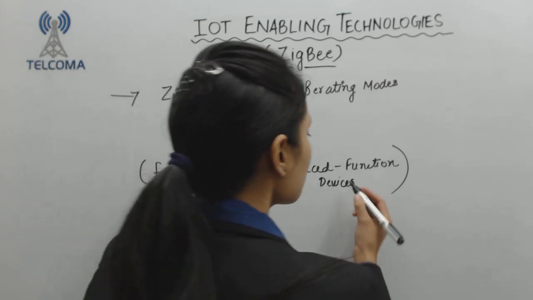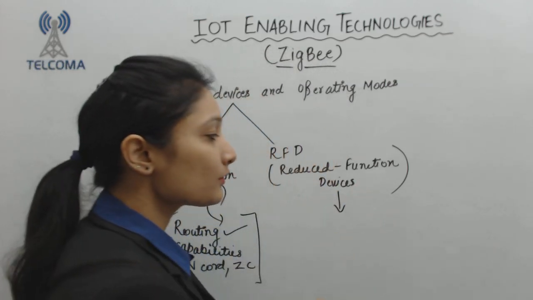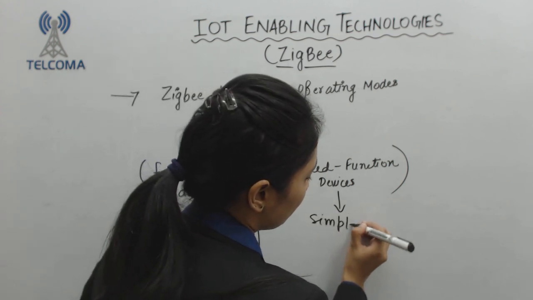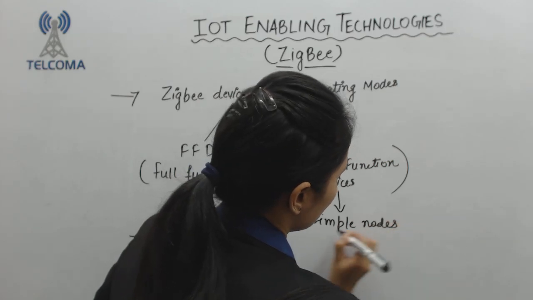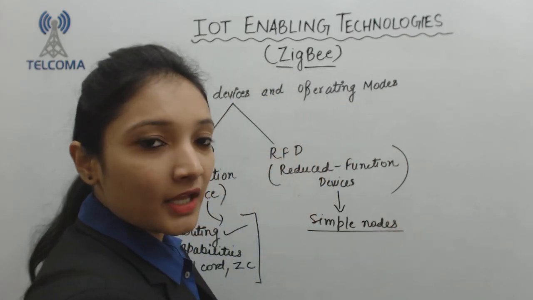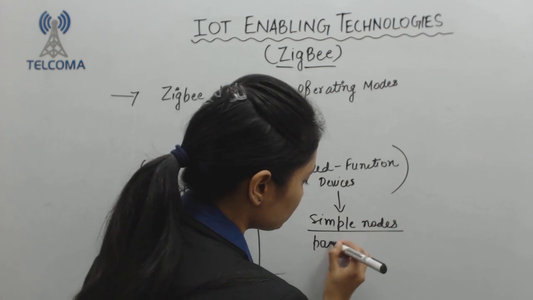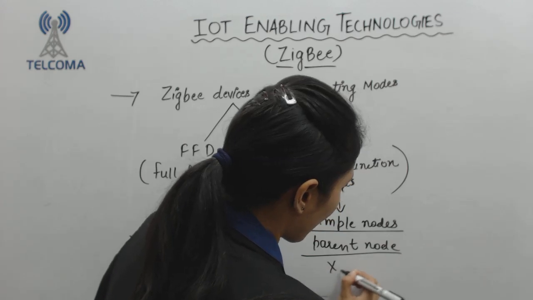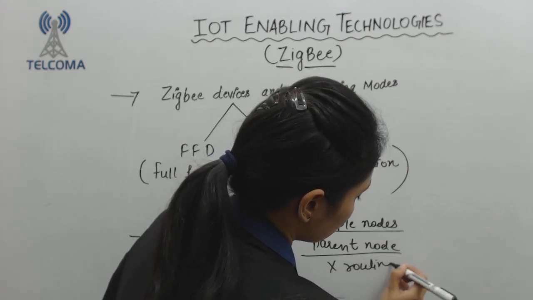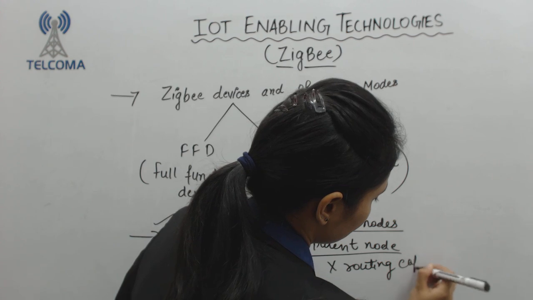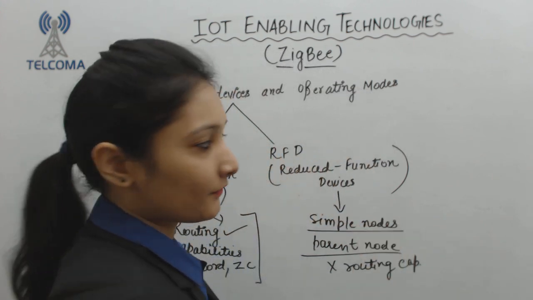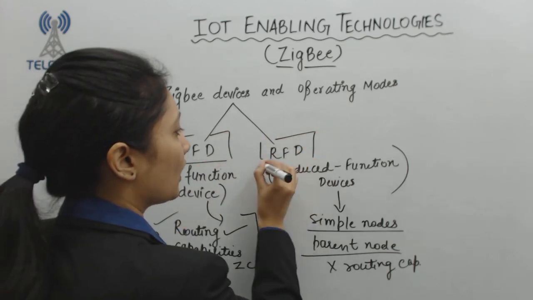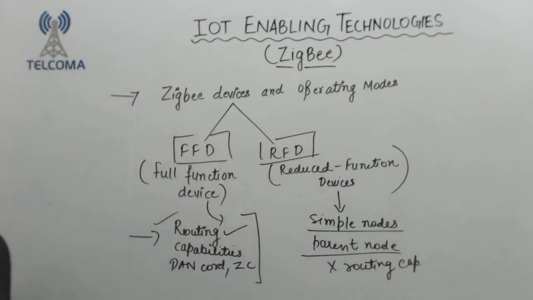Now we have reduced function devices here. So these reduced function devices just act as your simple nodes here. They just communicate with the parent node and they have no routing capabilities here. So in your Zigbee network, you will encounter these two types of devices here.